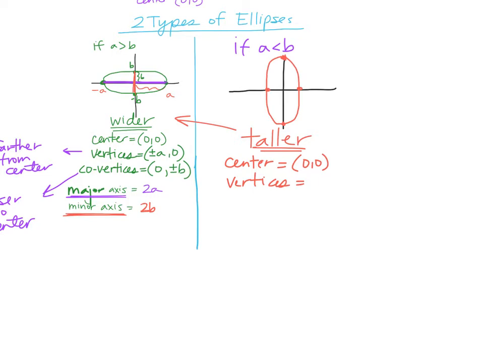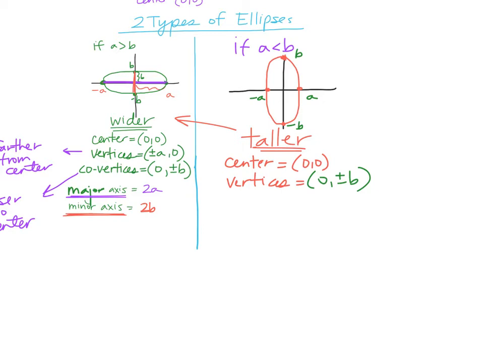So if we're still talking in terms of A and B here, this is negative A, this is positive A, this is positive B, this is negative B. Our vertices are going to be the ones that are up and down now. So it's going to be 0, B and 0, negative B. So really 0, plus or minus B. That's two different points, right? 0, B and 0, negative B.